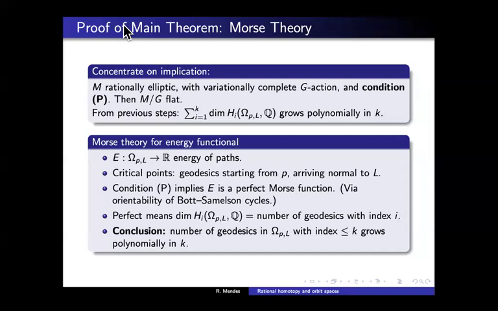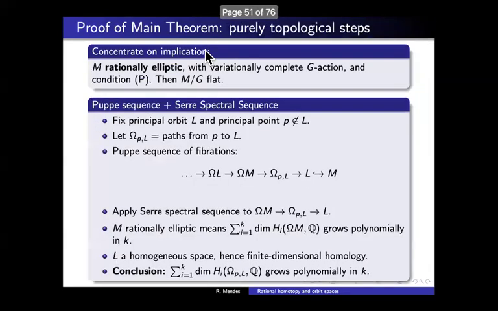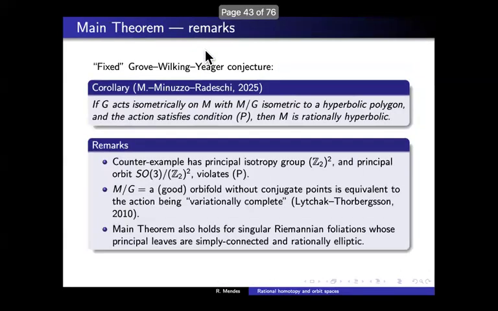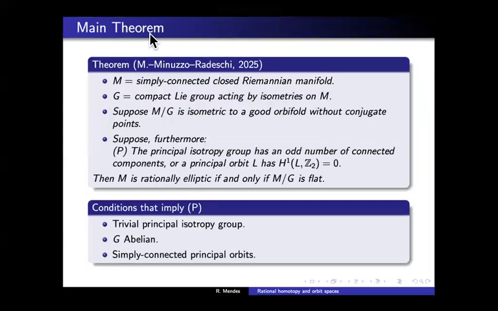Yeah, assuming rationally elliptic. Maybe making the same assumptions, but a weaker assumption than P. Is it possible that you could conclude curvature almost greater or equal 0 of the orbit space, or greater or equal 0?